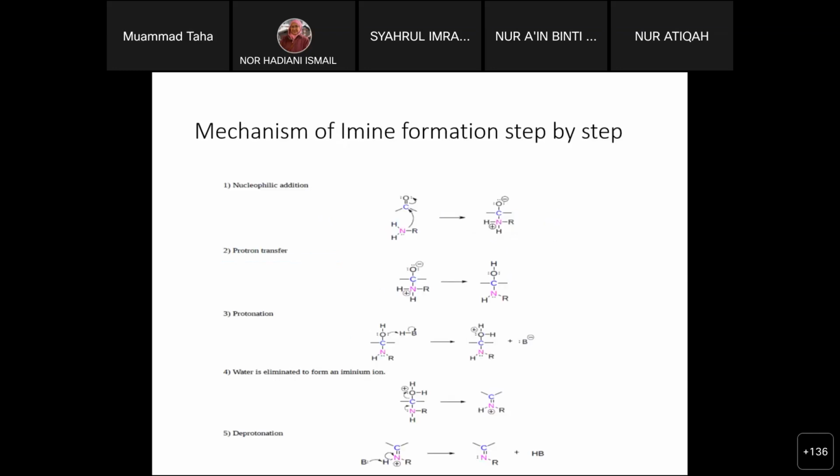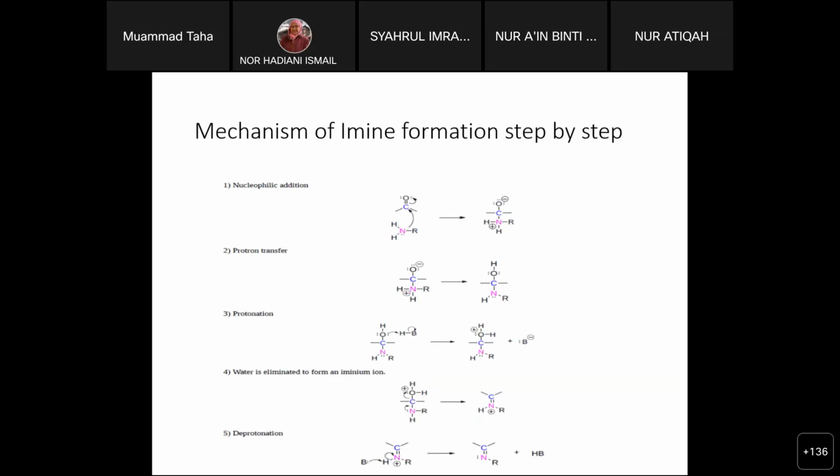This is the mechanism of the reaction. Always remember that however many types of imines form, the mechanism remains constant. All will follow the same procedure, so you only need to master one mechanism, which means you have got the mechanism for all the chemistry of imines. What will happen?